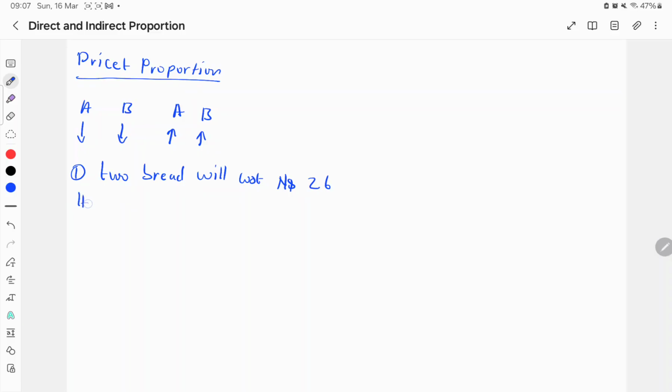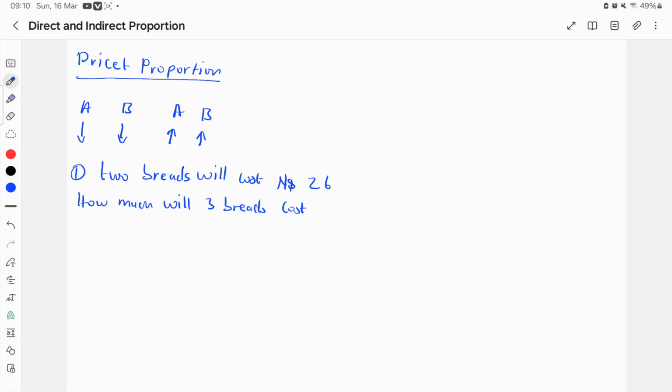How much will three breads cost? You see that when the number of breads increases, the price also increases, and when the number of breads decreases, the price also decreases. That means it is direct proportional.